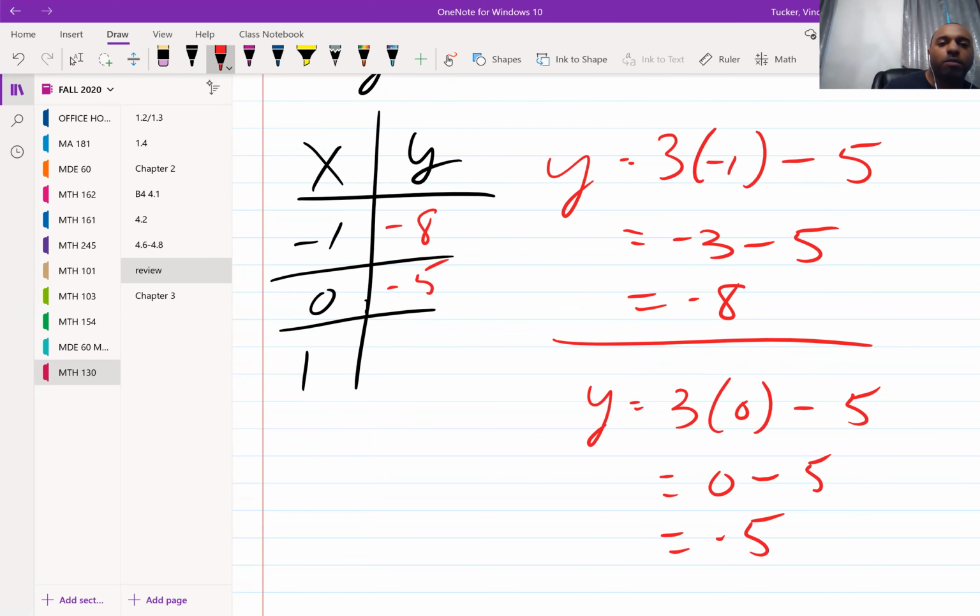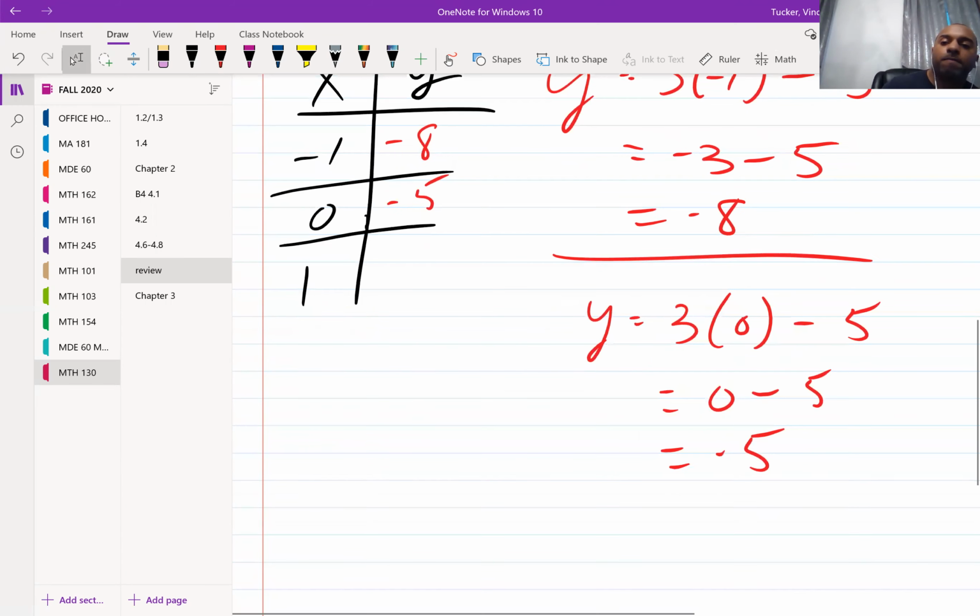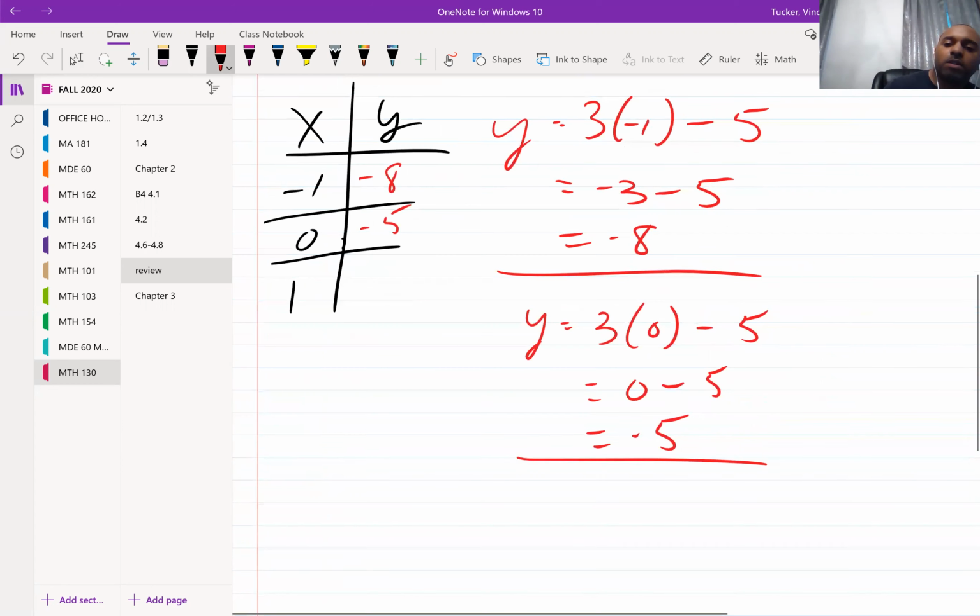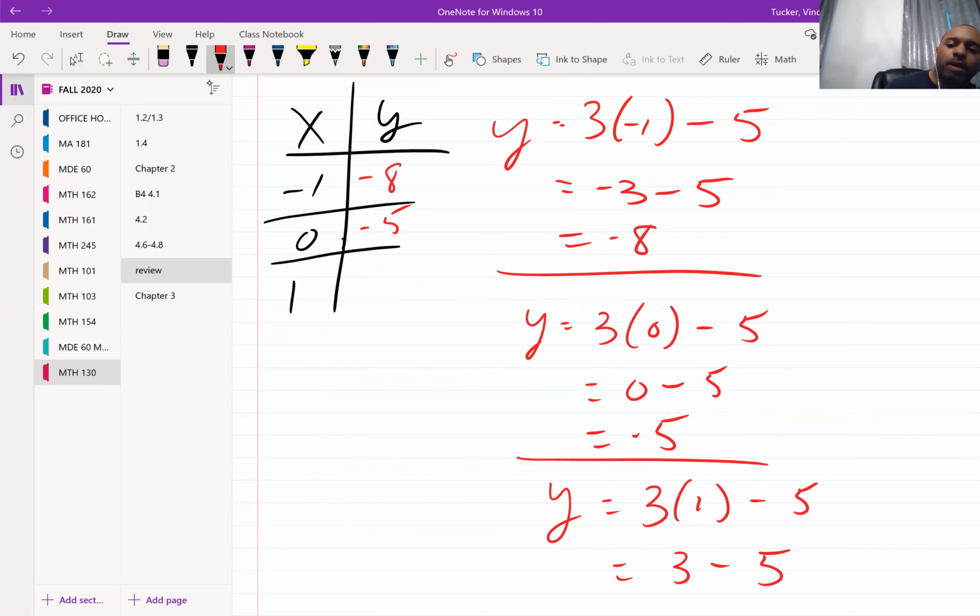So when X is 0, Y is -5. And then 3 times 1, 3 minus 5 is -2. All right. So those are our 3 ordered pairs.